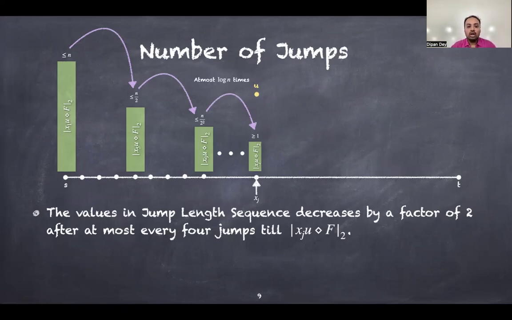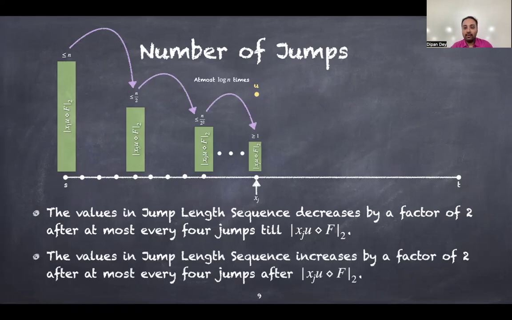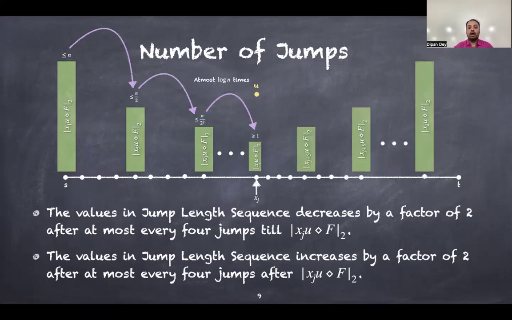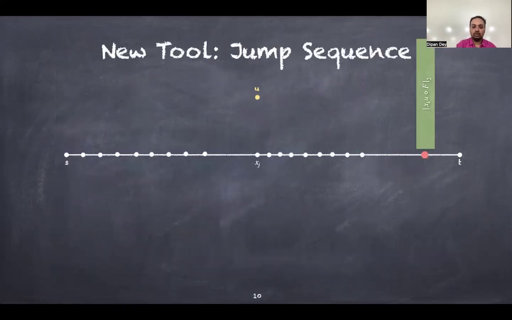So after xj, the sequence increases by a factor of 2 after at most every 4 jumps. So from xj till xj plus 5, it will be greater than or equal to 2, and then greater than or equal to 2 squared, and after log n many such attempts, it will be at most n. After that, we will not be able to find a vertex in the jump sequence. So after at most 8 log n many jumps, it will be greater than or equal to n.